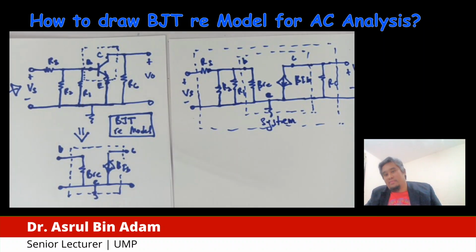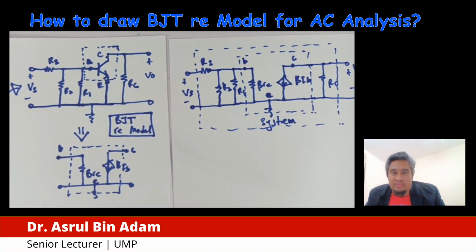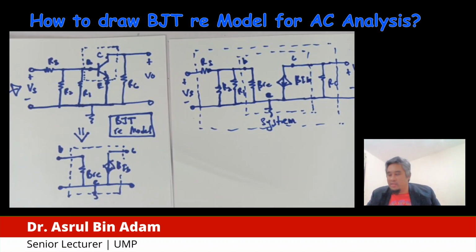You all already know that BJT can be an amplifier application. So an amplifier is a system that amplifies from a lower voltage to, for example, 10 times the voltage. One volt amplified to 10 volts, 10 times.